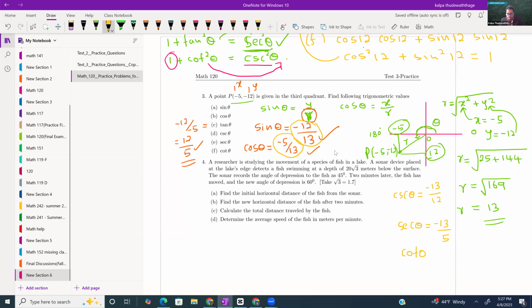Cotangent theta is not 12 over 5, but 5 over 12. So that clearly explains how you can find all 6 trigonometric ratios when you know a point on the xy plane, and the angle is the angle that travels from the positive x-axis to that point.